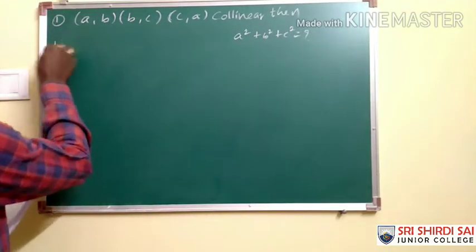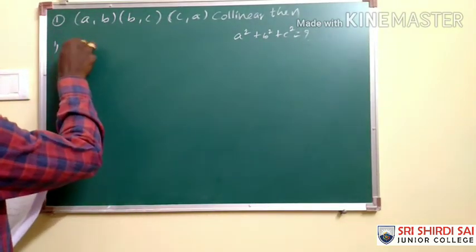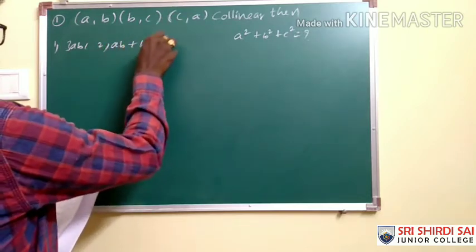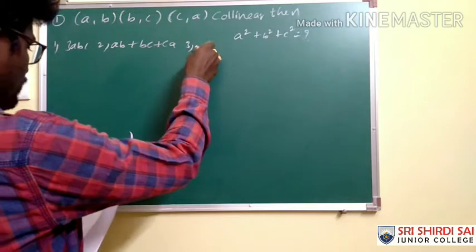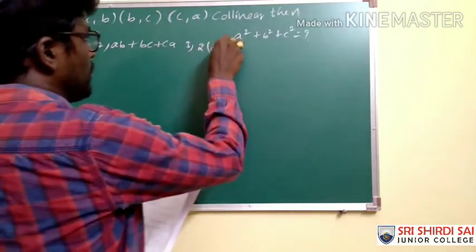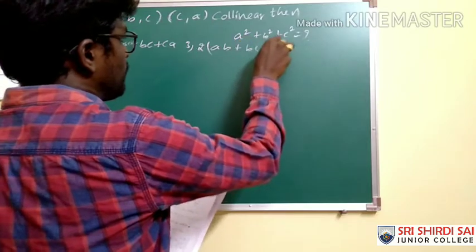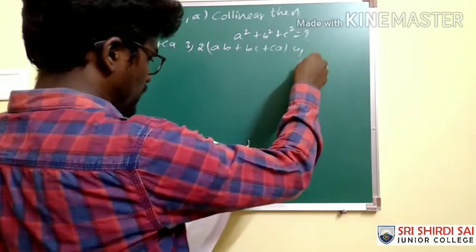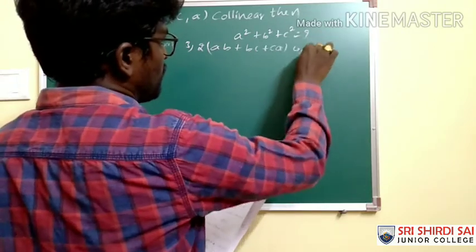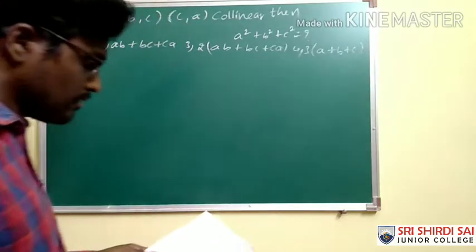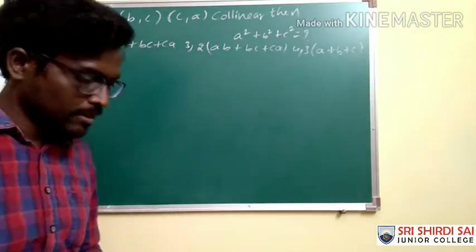Here we have the options: 3ABC, AB plus BC plus CA, 2 times of AB plus BC plus CA, and the fourth option is 3 times of A plus B plus C.